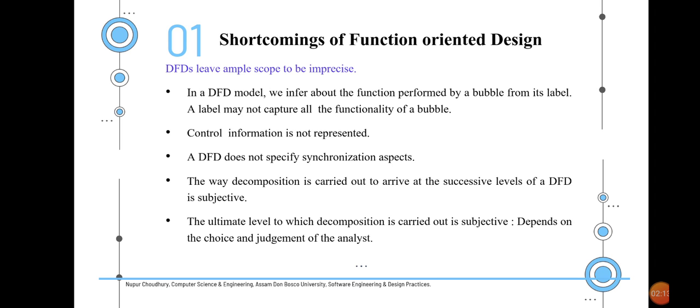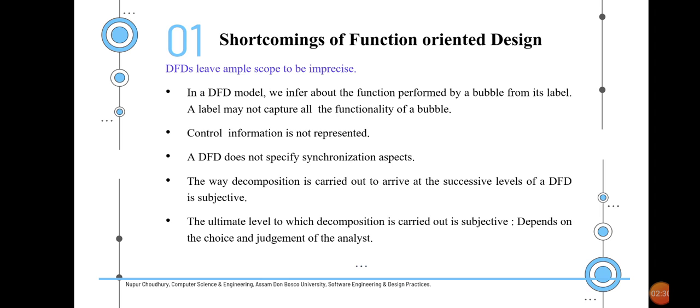So that control information is not represented. It also does not specify various synchronization aspects. Suppose 2 or 3 processes are working in a synchronized manner, those synchronization effects are also not represented in a DFD.